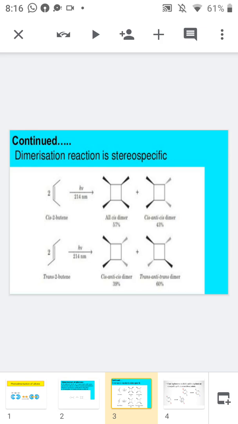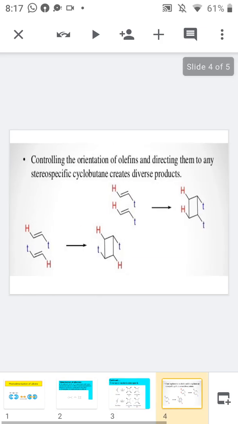Whereas in the trans-anti-trans dimer, the alkene having substituents on different planes is adding to the alkene with substituents on different planes. Okay. Now we are moving to another example: controlling the orientation of the olefin and directing it to any stereospecific cyclobutane creates diverse products.